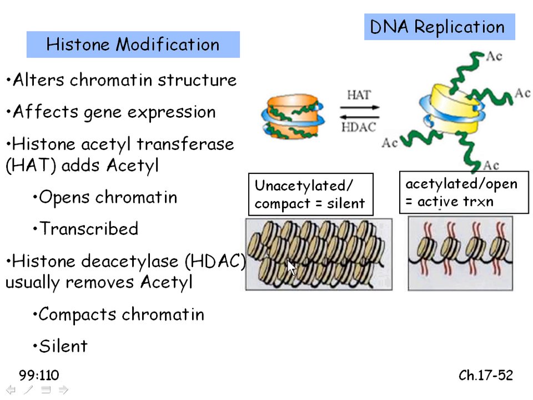Here's an example of what unacetylated DNA might look like in histone compaction, where you see that it's very tightly compacted together and thus silent. Whereas if it's acetylated, these nucleosome cores are moved farther apart and transcription can actually occur.